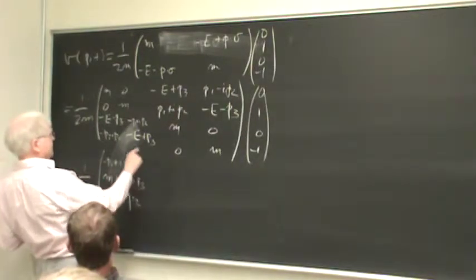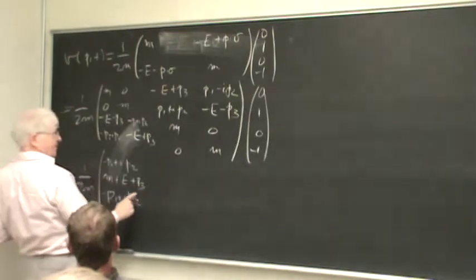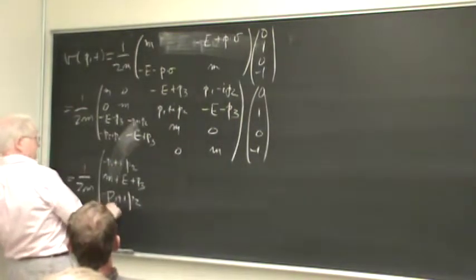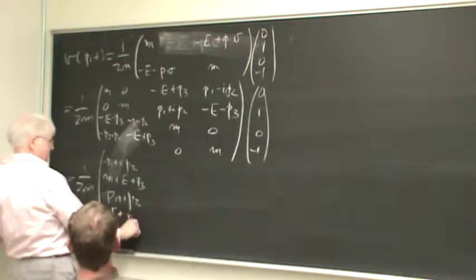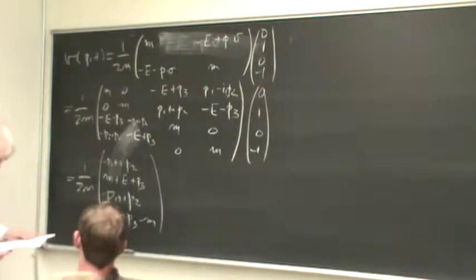Is that right? Yeah, I guess that's right. And fortunately we have a 0, and then we have minus e plus p3 minus m. All right, that's what I got. I don't really guarantee it.